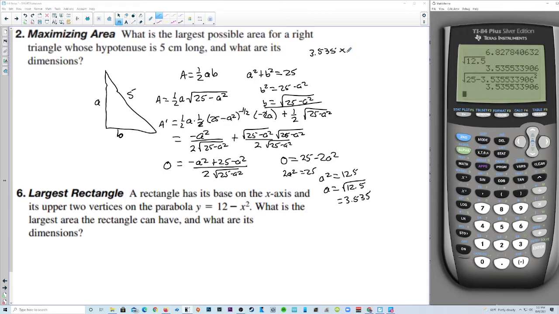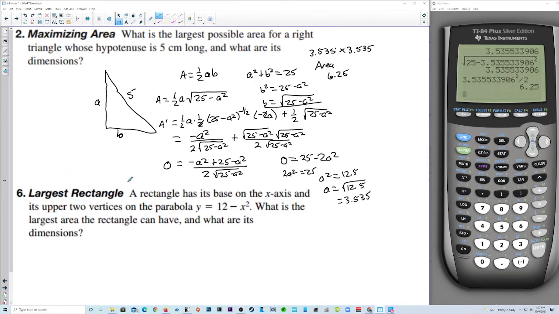So 3.535 by 3.535, and then we just need to go up here and 1/2 times both of those. So let's grab that and square it and divide by 2, and that is the actual area. So the area is 6.25.